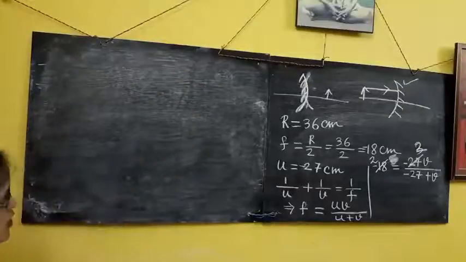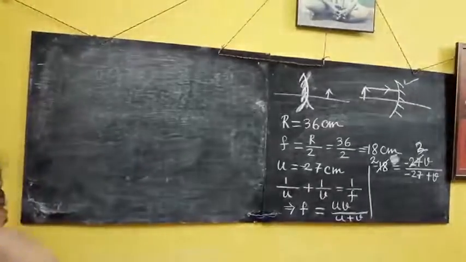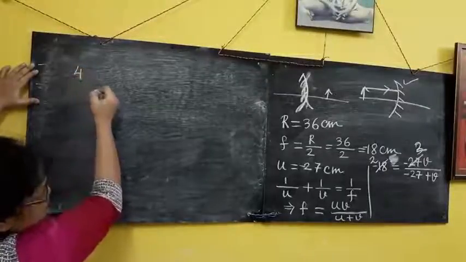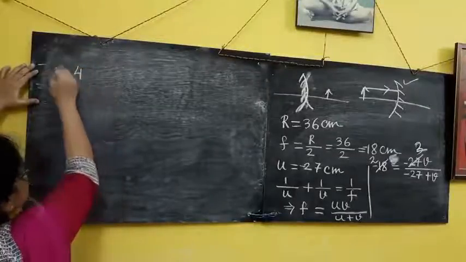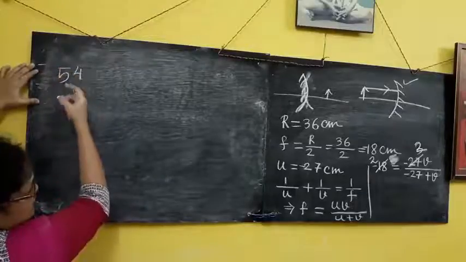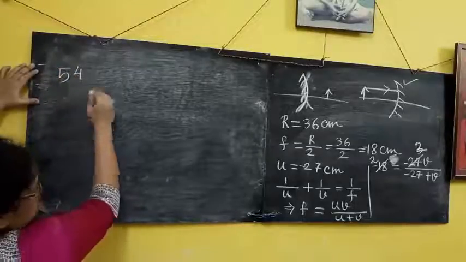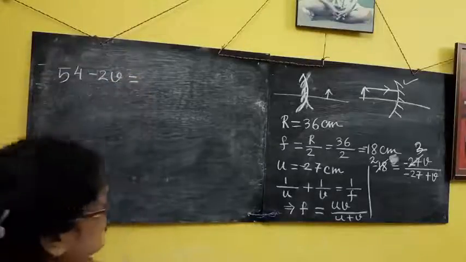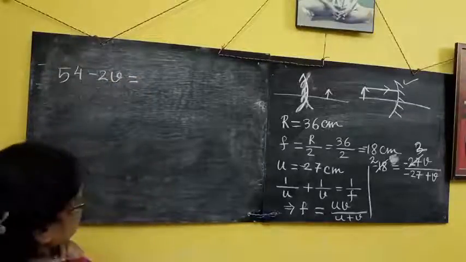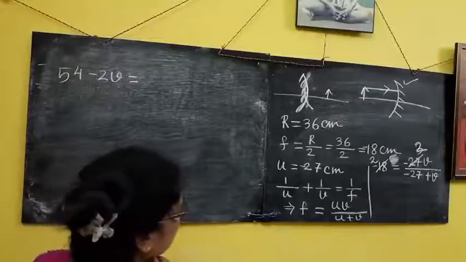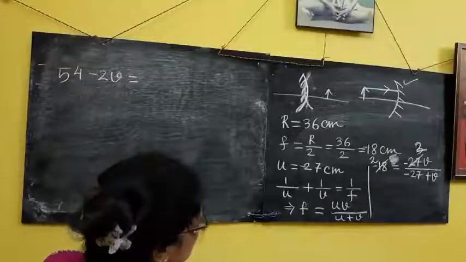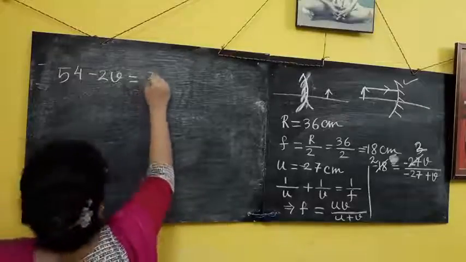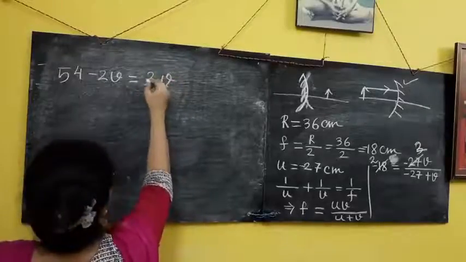So it will be minus 2. I am doing it again. Oh, 54 minus, plus minus twice v, that is equal to... So 3v minus 3v.